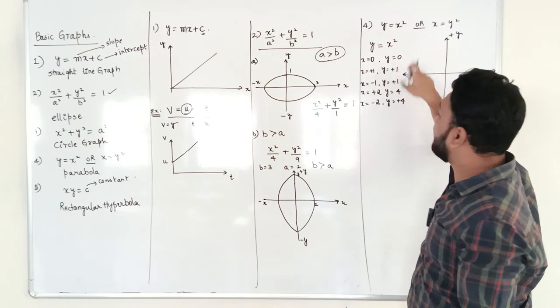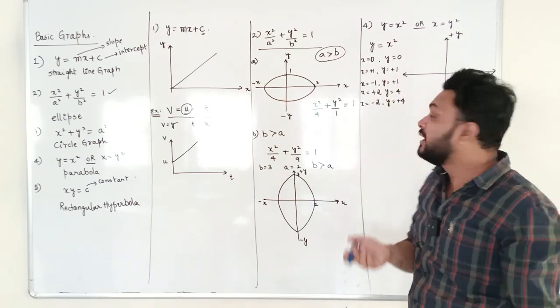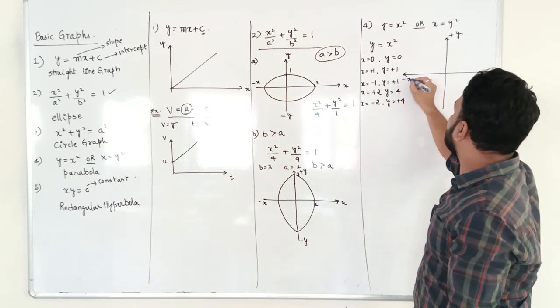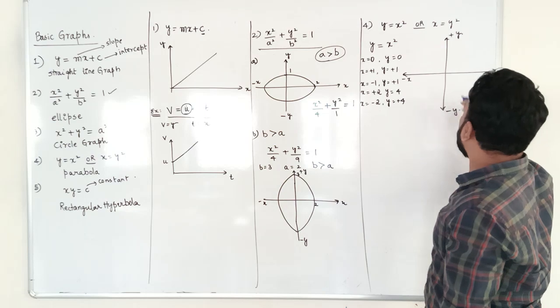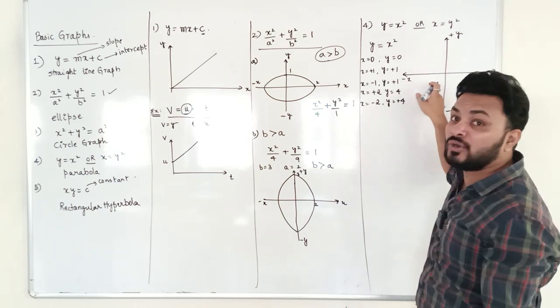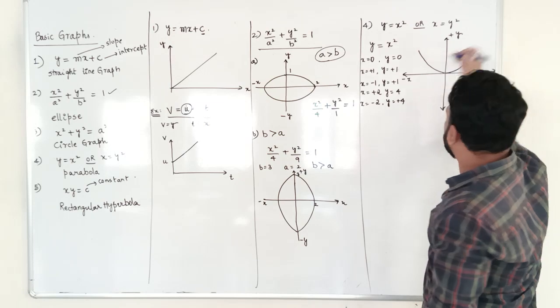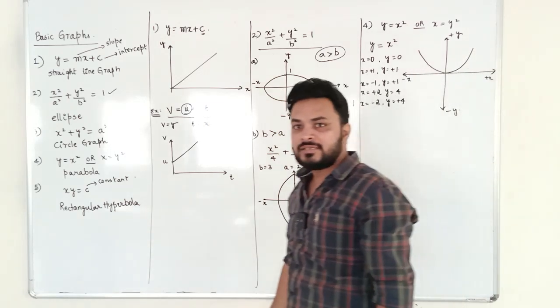But the y value is always a positive value. What does this mean? y is always a positive value, but x may be positive or negative. So we are considering this graph like this. Understood, right?